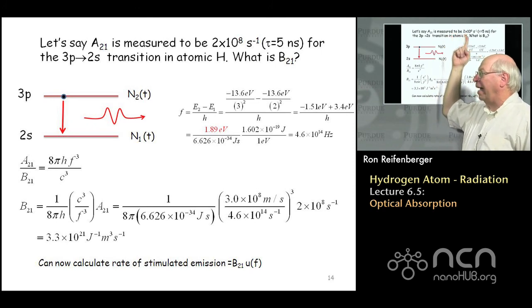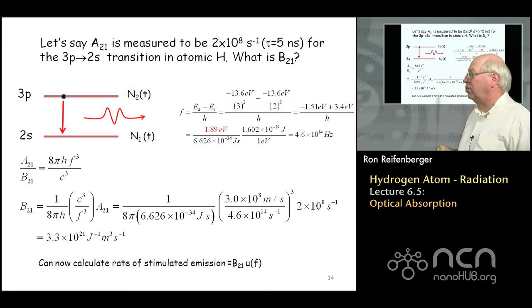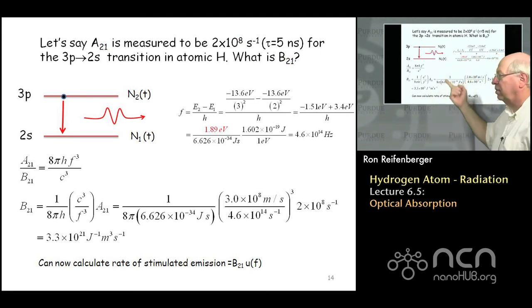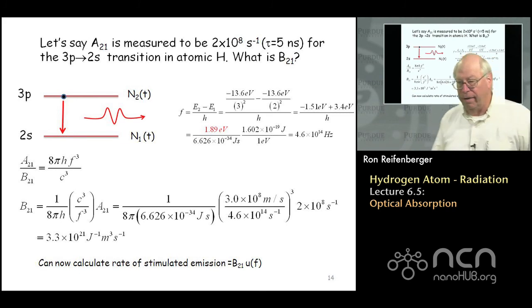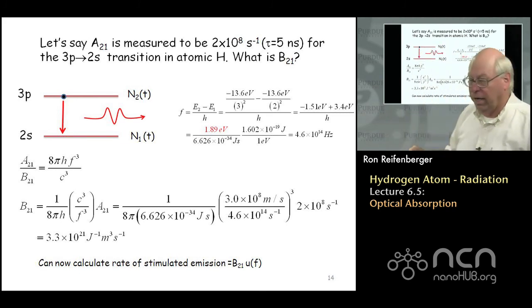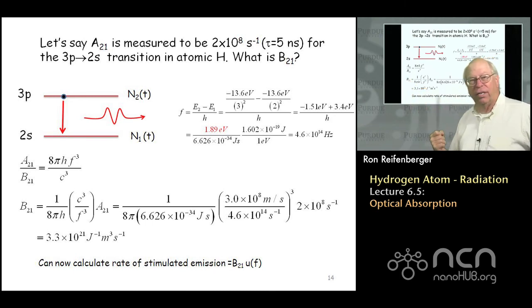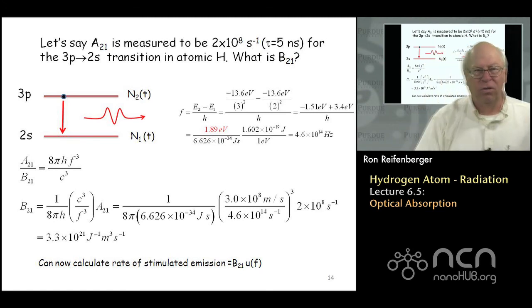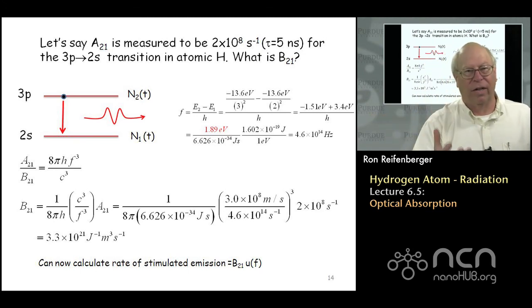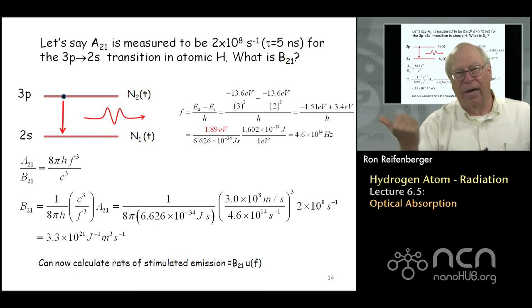And then once I know that number, I can use it to calculate B sub 2,1. I just work through the arithmetic. And once I know the coefficient B sub 2,1, then I can calculate the rate of stimulated emission. In other words, I can estimate how many photons are being emitted in this collection of gas atoms by other photons that are passing through it.